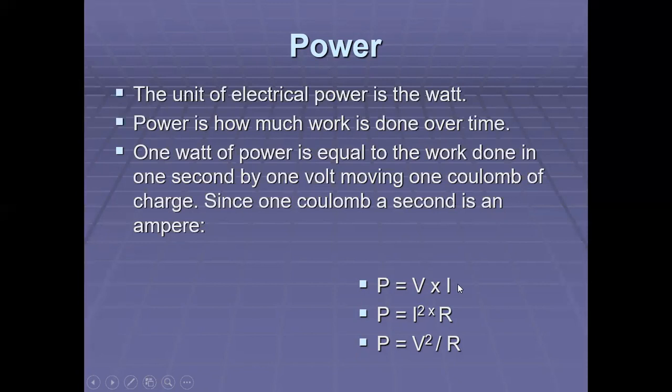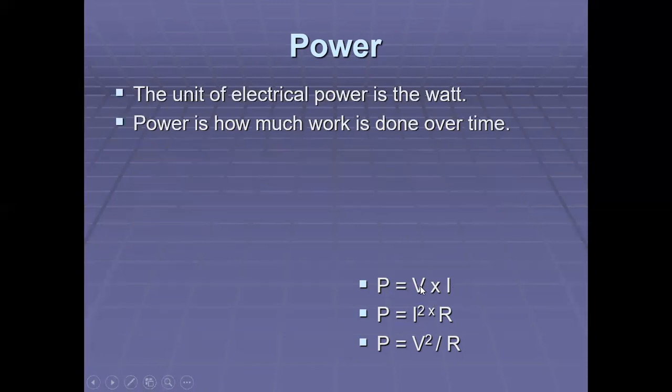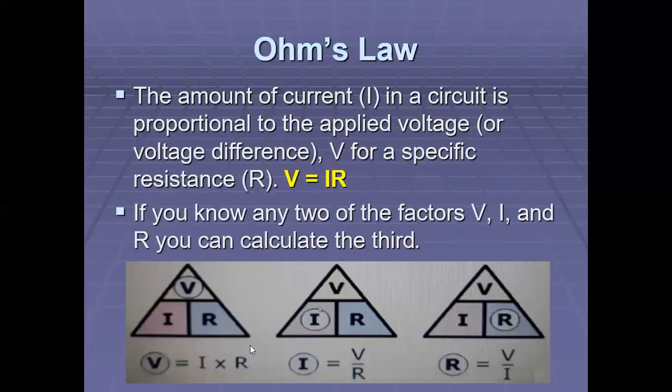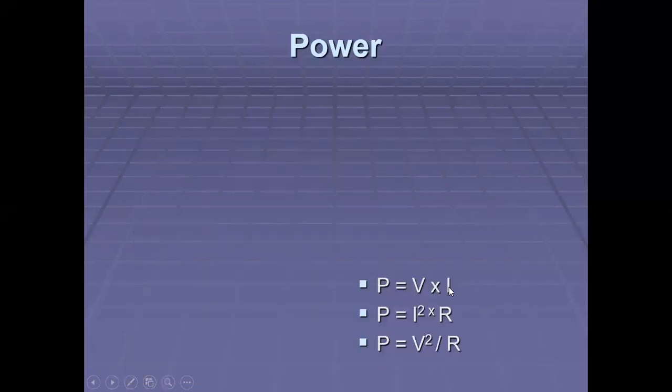So we can say the formula of power equals V into I, or, just now we have seen, V equals IR, or I equals V over R. We can use those. V equals IR.